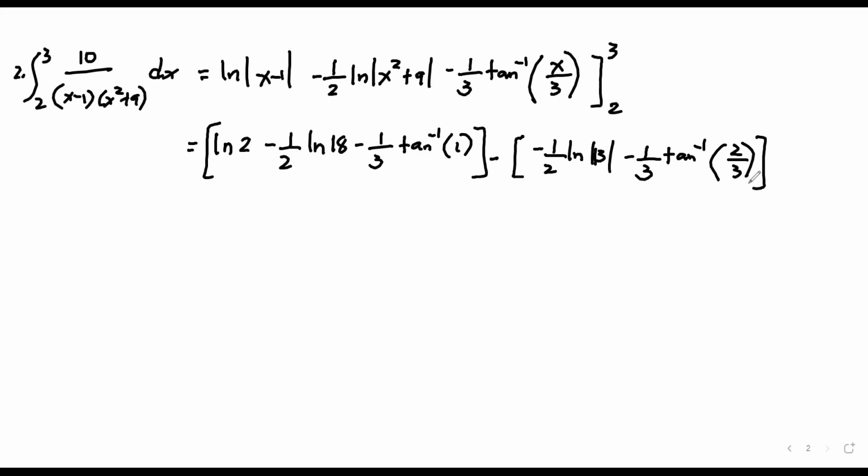So we will have ln 2 minus 1/2 ln 2 minus 1/2 ln 18 minus pi over 12. You can leave it at that.